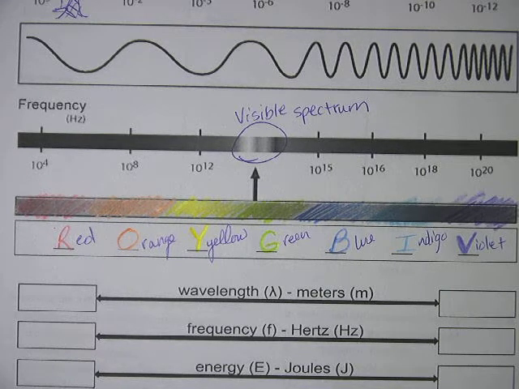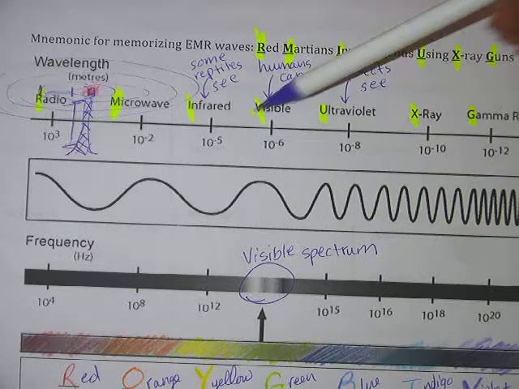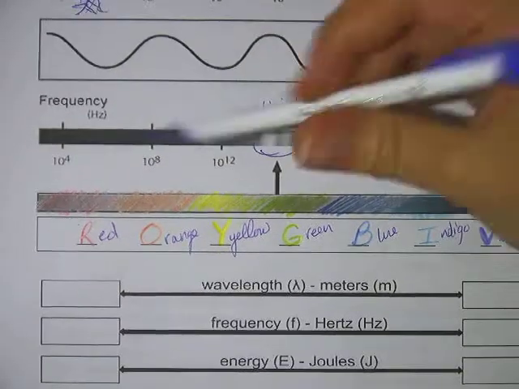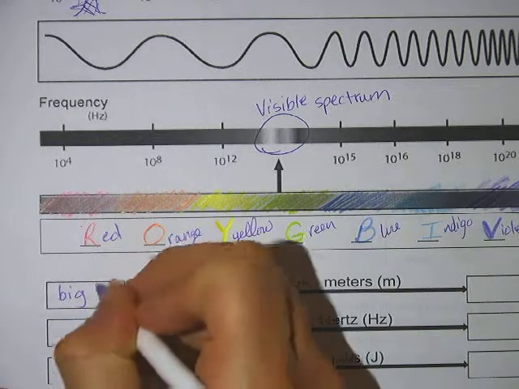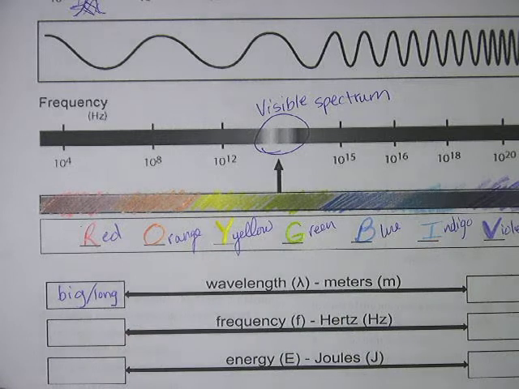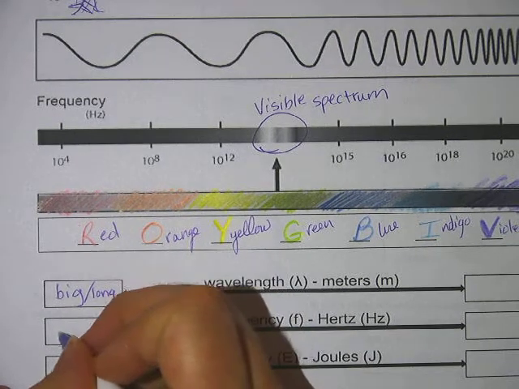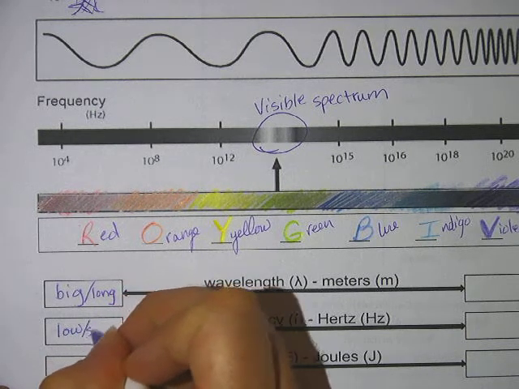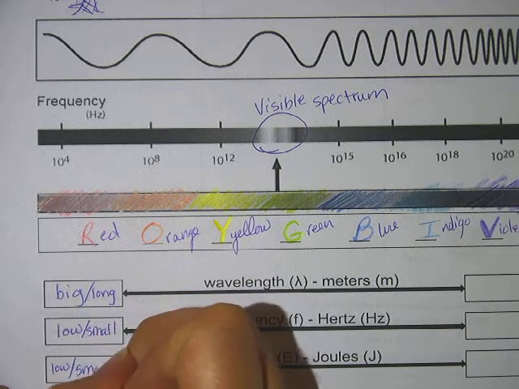You also need to know where they fall on the wavelength side. So for both radio, microwave, infrared, so on, and for Roy G. Biv, we've put them in order for you, where the big wavelength, or you could say the long wavelength, is on the left, and the low or small frequency and low and small energy are also on the left.